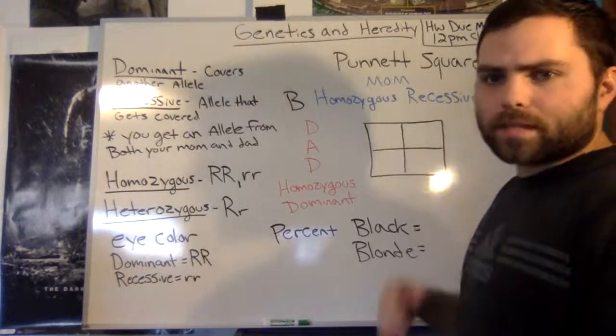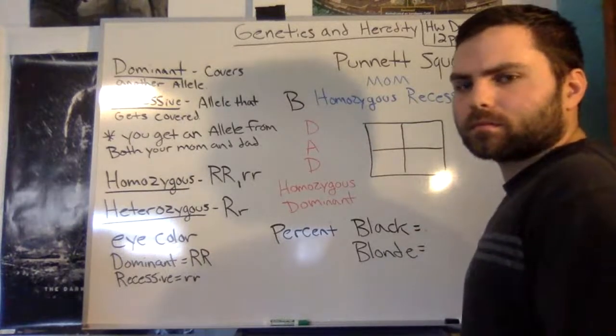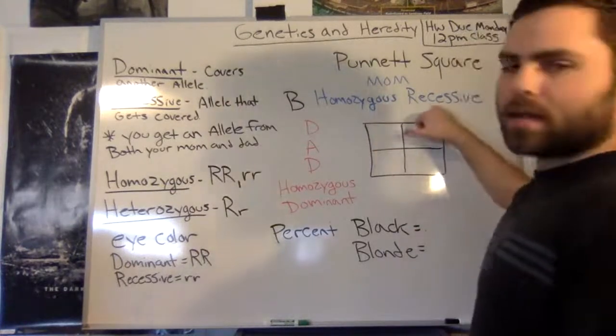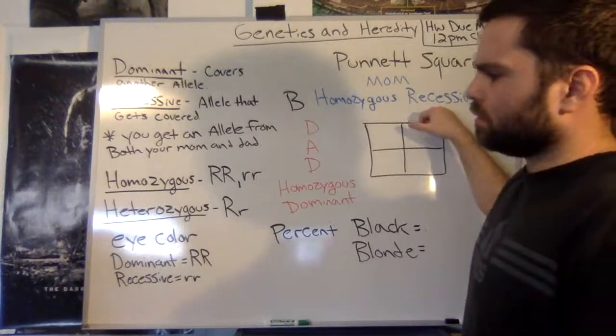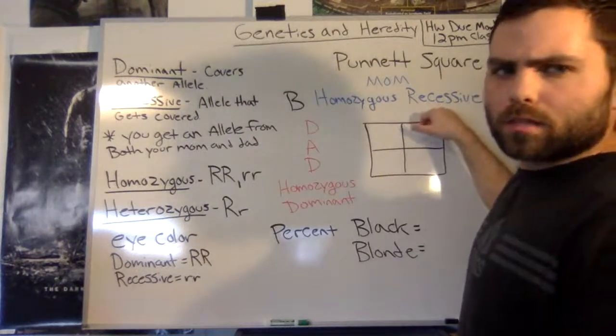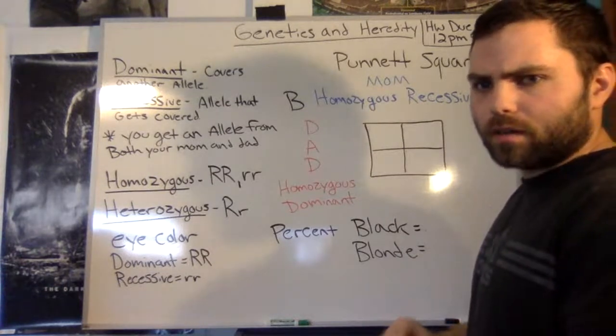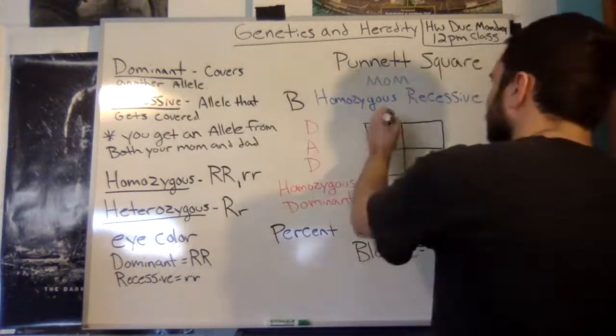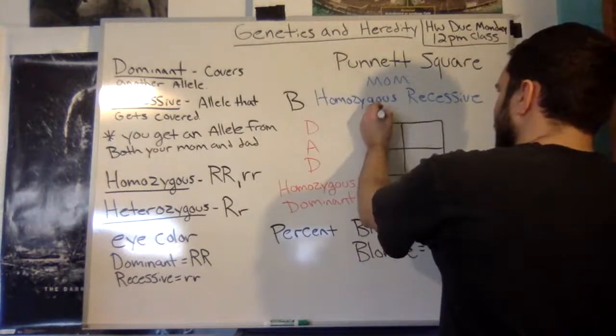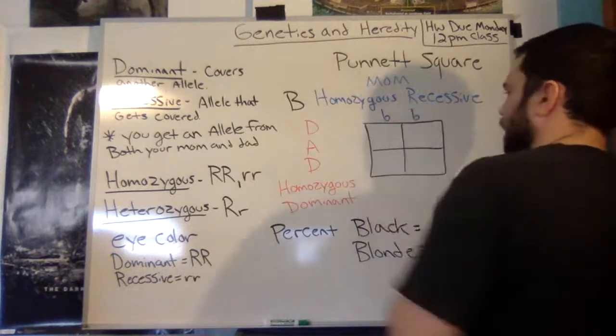You guys are right that it's going to be the same. And since we're recessive, is that the dominant gene, which means it's going to be uppercase, or is it going to be the lowercase gene? Lowercase gene, okay? So let's put two of them. We're using B, right? Okay.